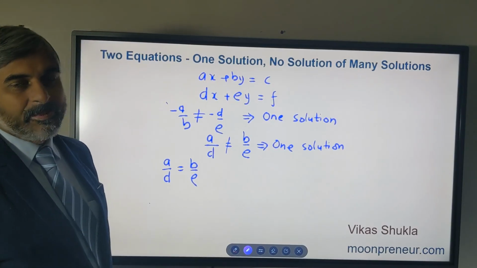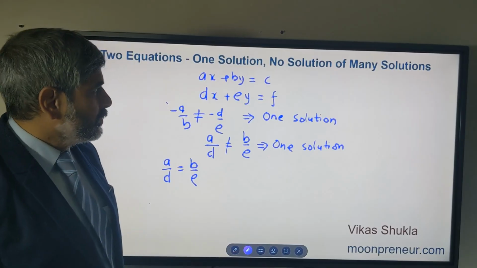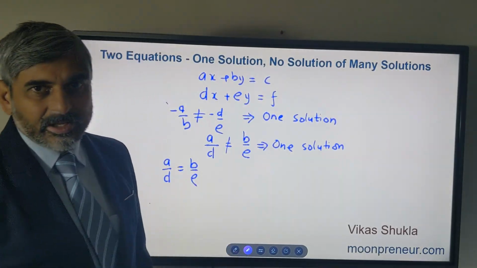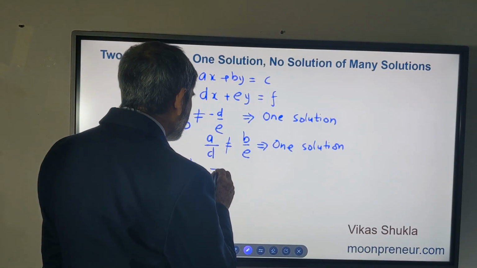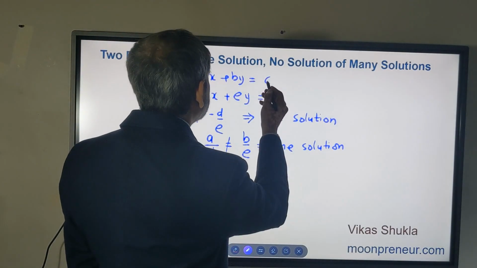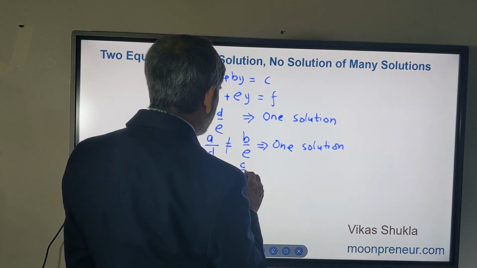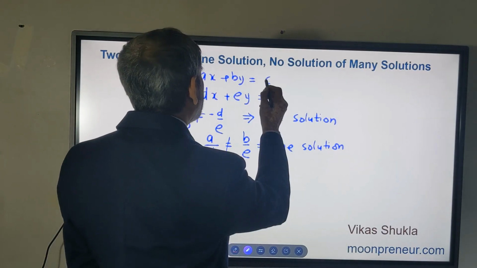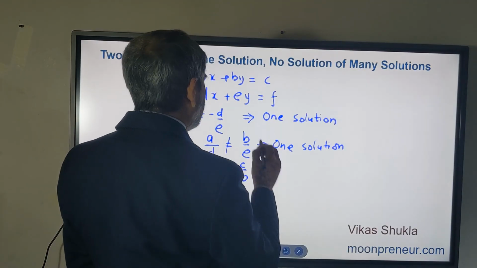When these two lines are parallel, we need to investigate their intercepts. In that case, the gradient of this line is c upon b, and we are going to compare c upon b with f upon e.